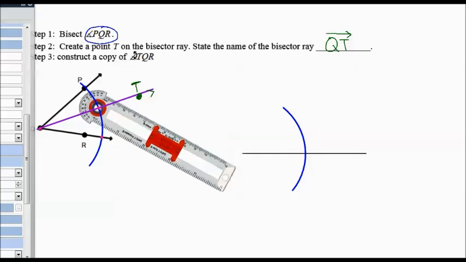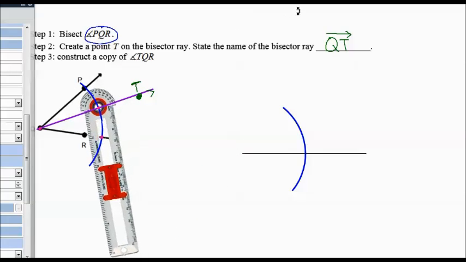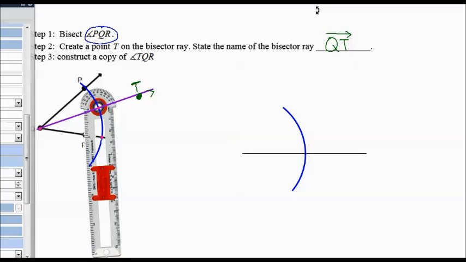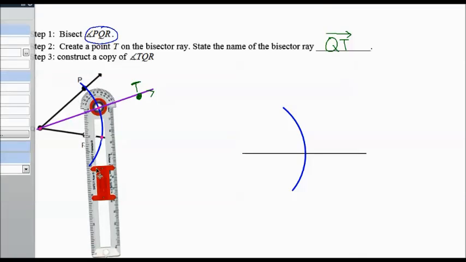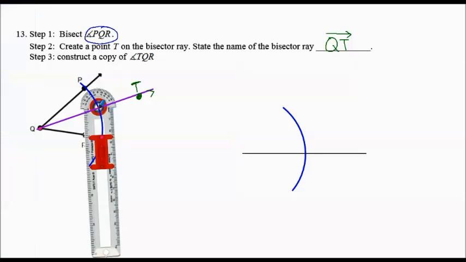And then you're going to rotate your compass from that location so that you can now move your red slider up to match the other intersection point of your drawn arc. Now, the measurement that your compass is measuring from this part of the arc to that one is marked on your compass.